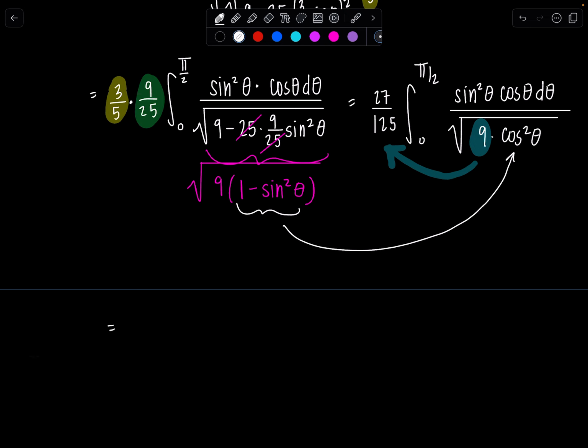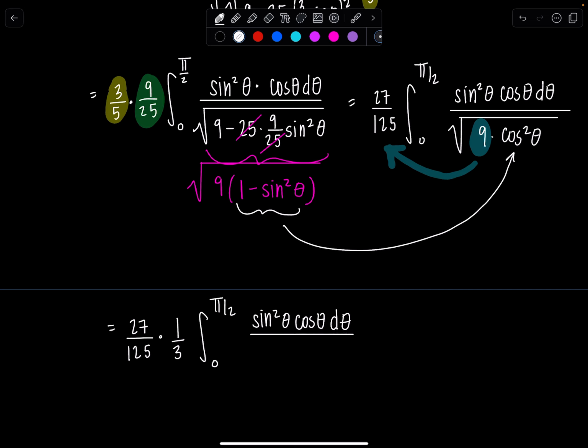So I have 27 over 125 times 1/3 integral 0 to pi over 2 sine squared theta cosine theta d theta over, and then notice all I'm left with is square root of cosine squared theta, which remember is the absolute value of cosine theta, but on 0 to pi over 2 we're good. Cosine's going to be positive there, and we restrict theta accordingly. That way we don't have to worry about keeping the absolute value when we do trig sub.